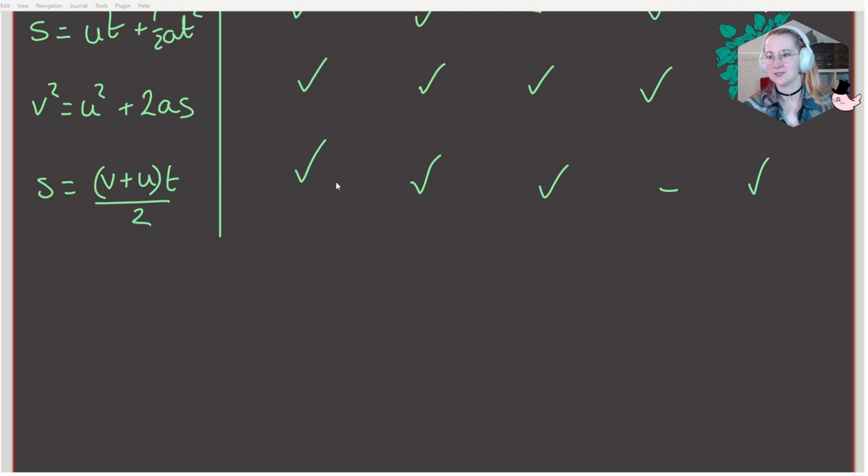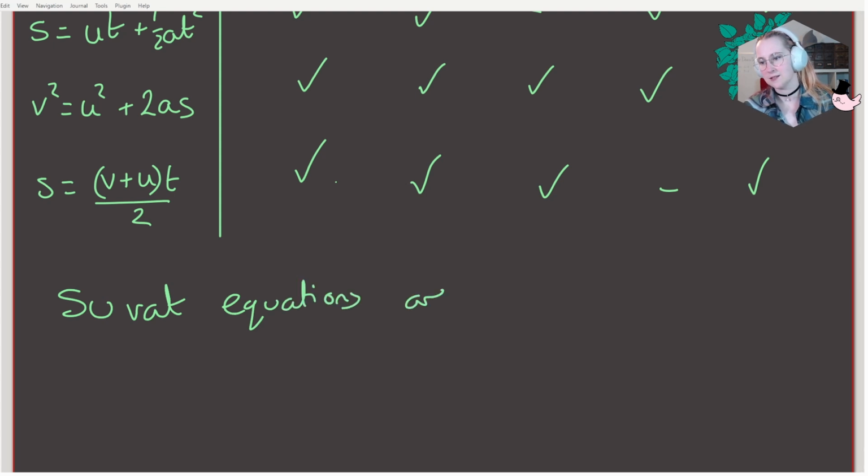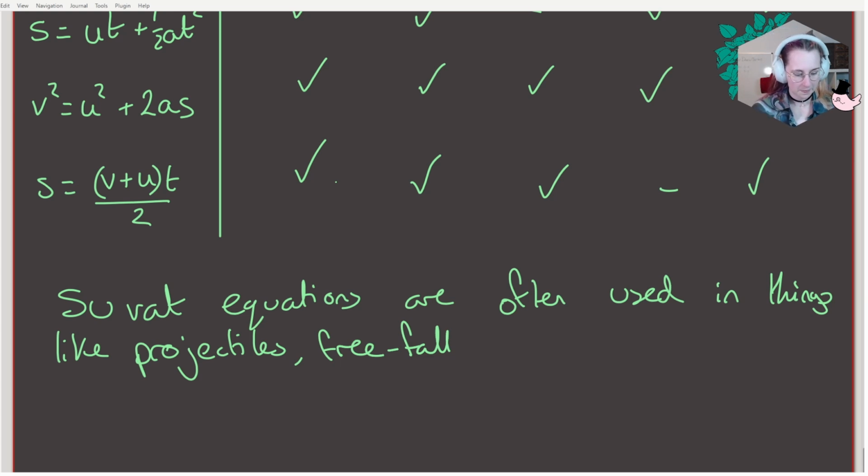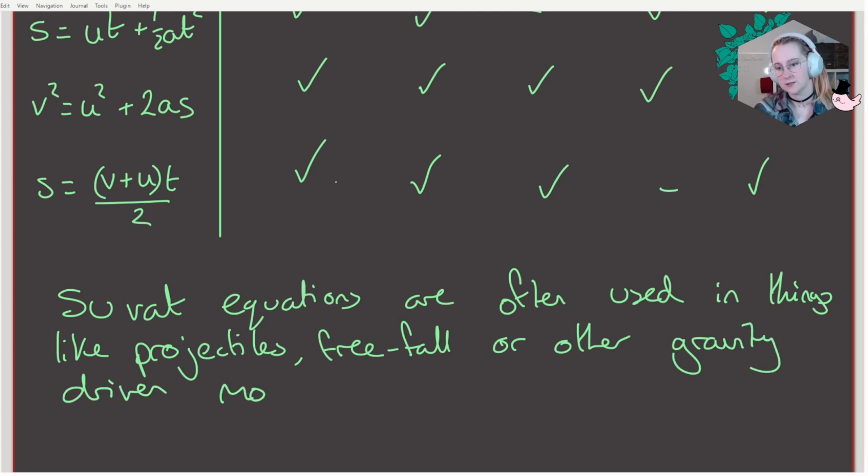So SUVAT equations are often used in things like projectiles, free fall, or other gravity-driven motion.